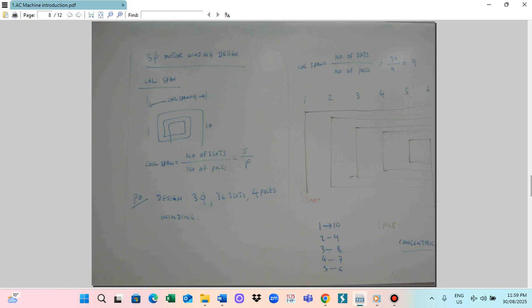For the motor, firstly you have to talk about the coil span. Coil span means this winding here, from the start of the winding to the end. So this is the way to calculate.